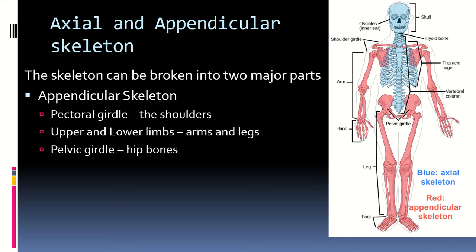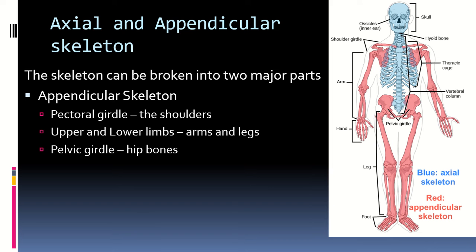The three main parts of the appendicular skeleton that you should know for this class are the shoulders, which are called the pectoral girdle, sort of like the collarbone and the shoulder blades. It also consists of the upper and lower limbs, which would be the bones of the arms and legs, as well as the pelvic girdle or the hip bones.